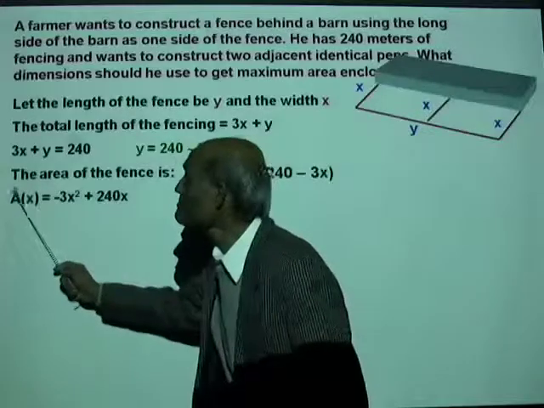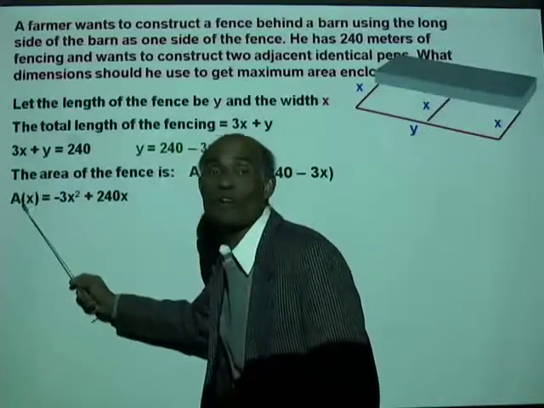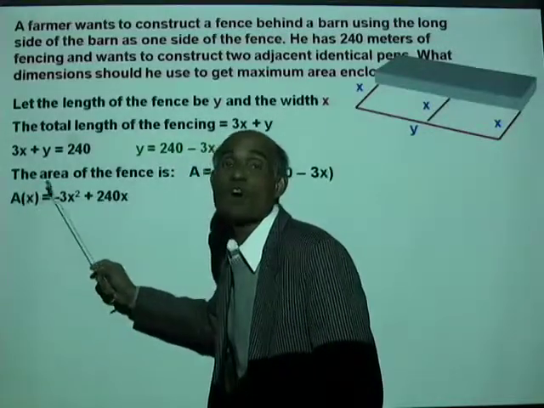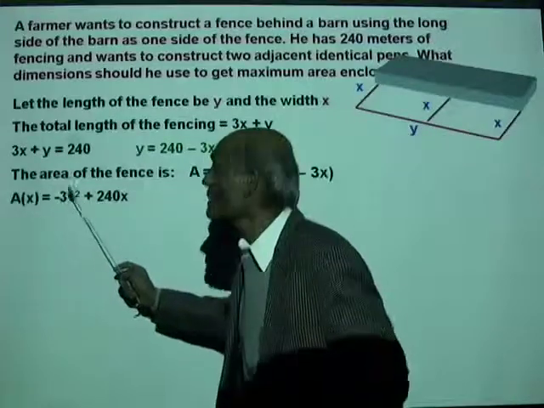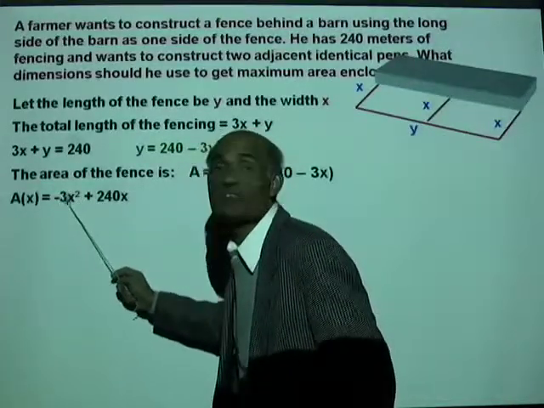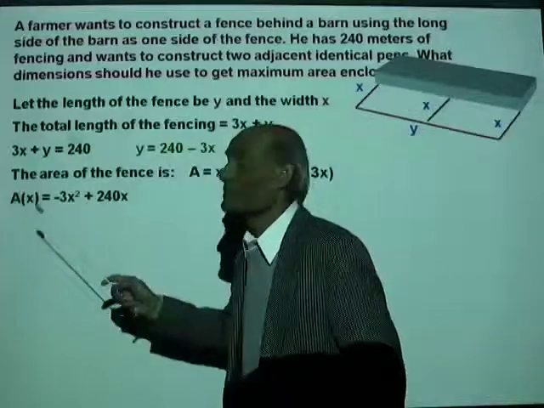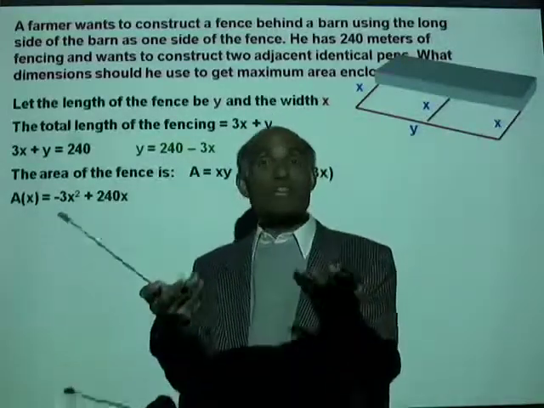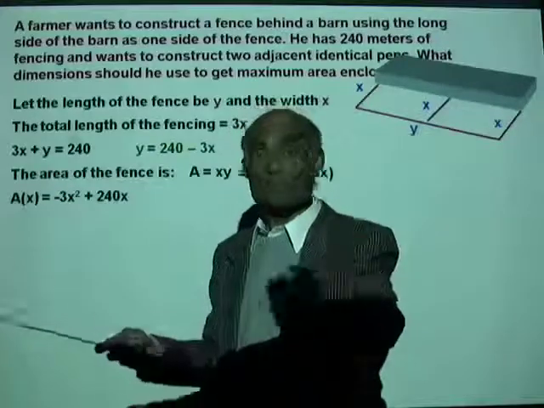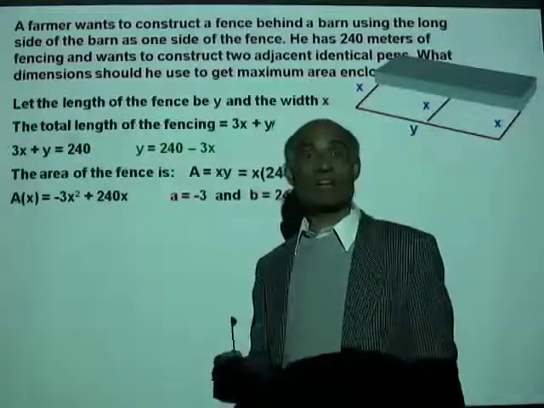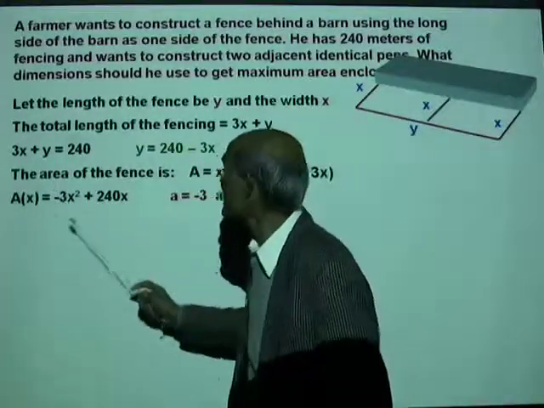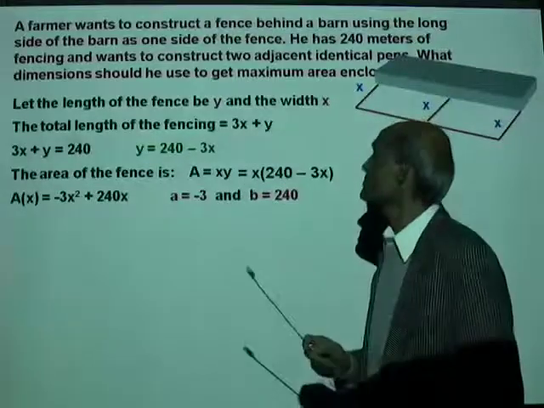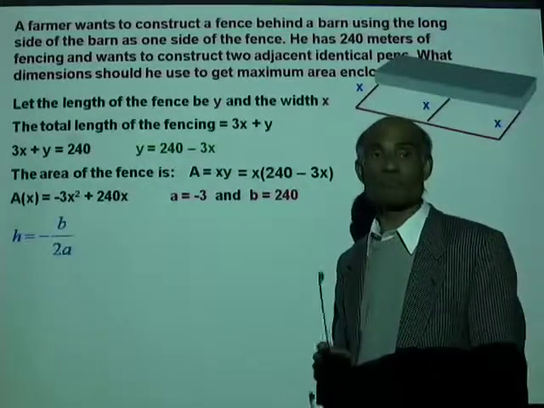We want to find the maximum value of this area, and we want to know when the area becomes maximum, what is the value of x. This is a quadratic function, and the answer to that question is the vertex. So we need to find the vertex, that is all. So a equal to negative 3, b equal to 240.